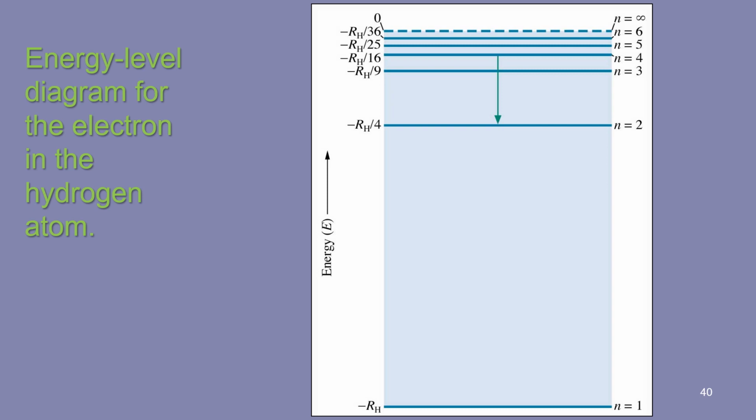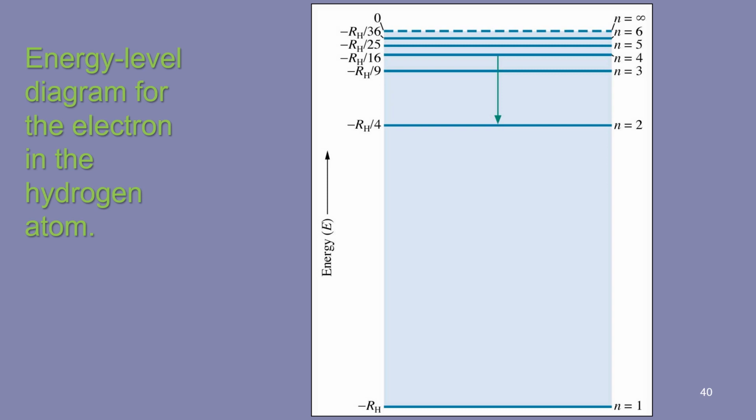But anyway, think of the nucleus as being down below, so these levels are coming out from the nucleus. The nucleus is way at the bottom below n equals 1. So n equals 1 is the first level electrons can exist on, then the second level, then the third level. They start to get closer and closer together.